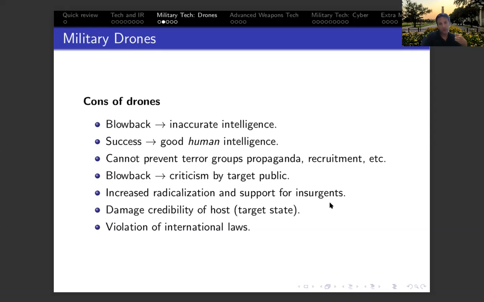The most talked about point of criticism is, again, blowback, mostly focusing on the citizens in the target states that resent the use of technology, especially when there are attacks which create a lot of civilian damage. What's on some levels called collateral damage, which is not the very best term to use, but that's part of it.